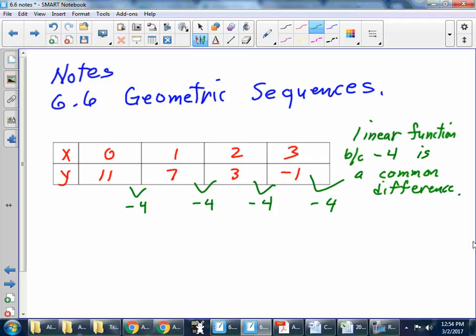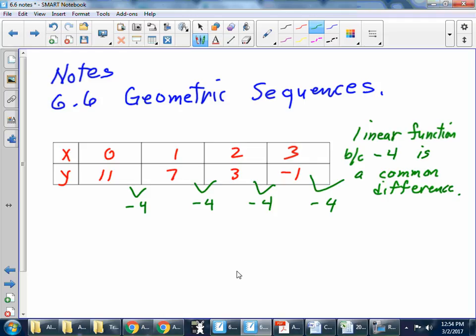Okay? And when we were doing graphs, what would that be known as? If we were graphing it, what would the -4 part of it be known as? Yeah, slope. Good.